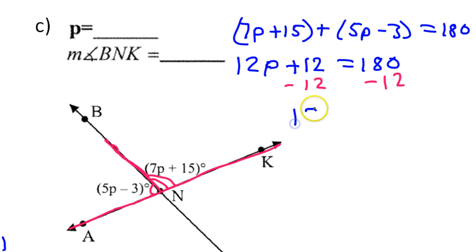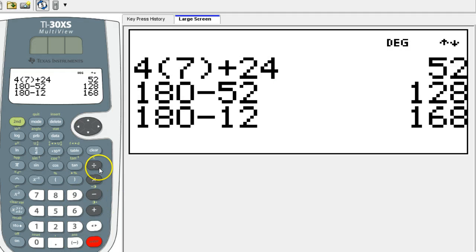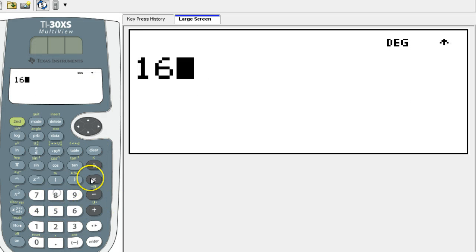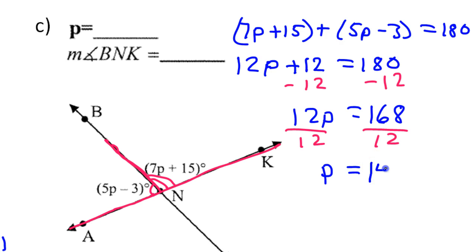So 12p is equal to 168, and then we divide both sides by 12. That's 14. So P is 14.